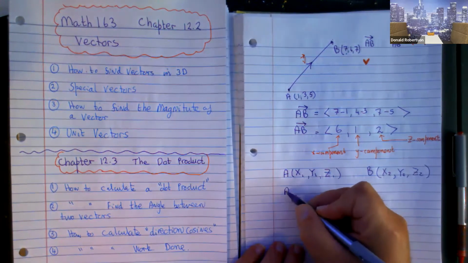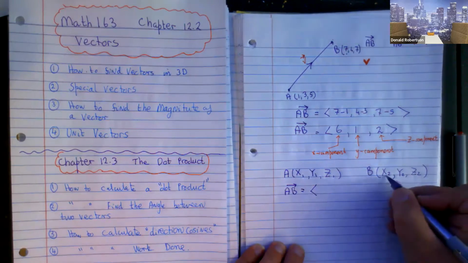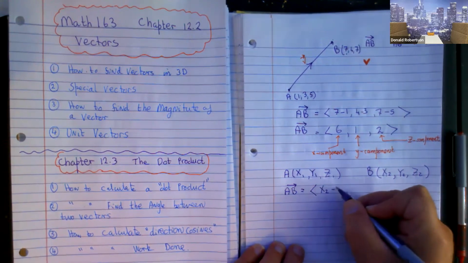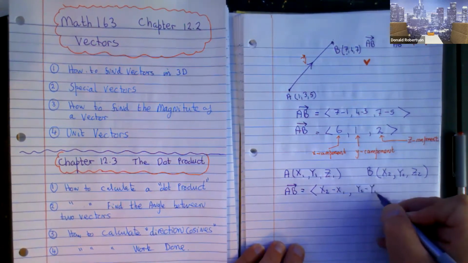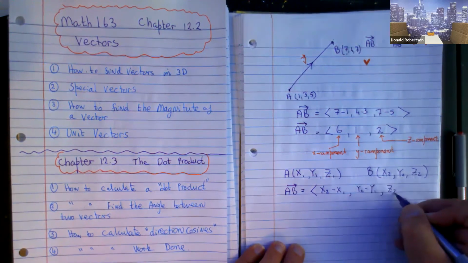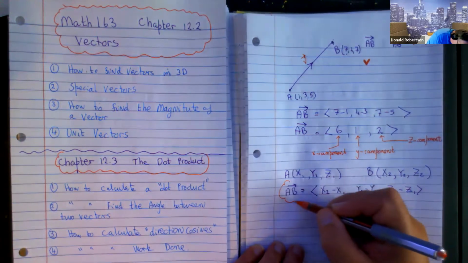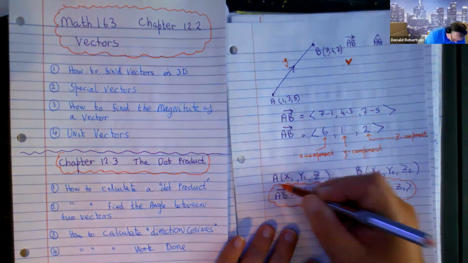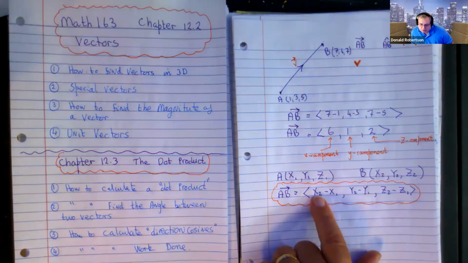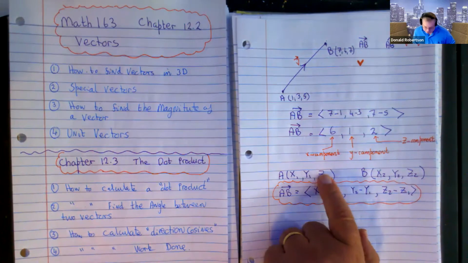If I want to find the vector AB, the formula for it is x2 take away x1, comma, y2 take away y1, comma, z2 take away z1. And that's essentially the general formula for finding the vector from A to B. And one of the things you've got to notice is, do you notice it's the second guy goes first, right? So these are the numbers that go first, and these are the numbers you subtract.